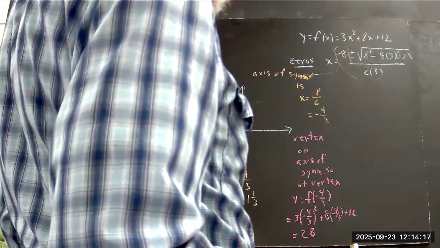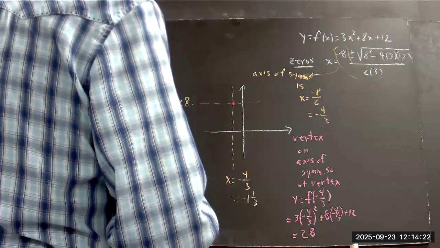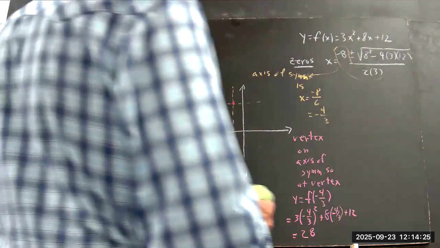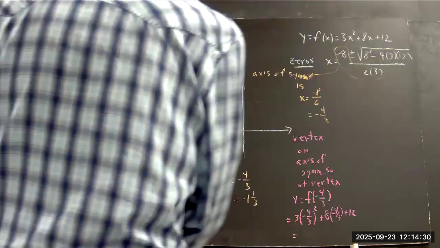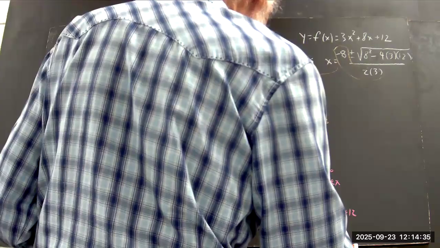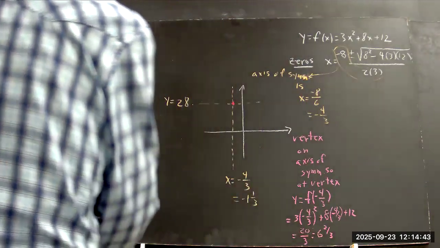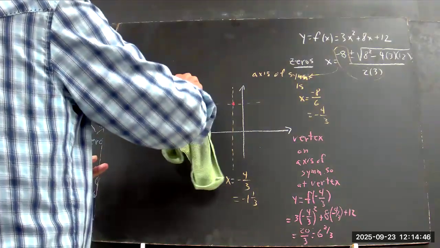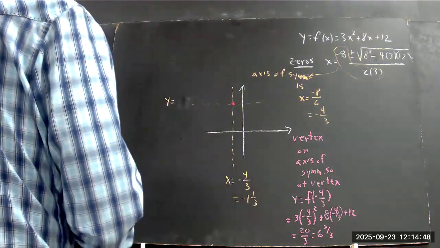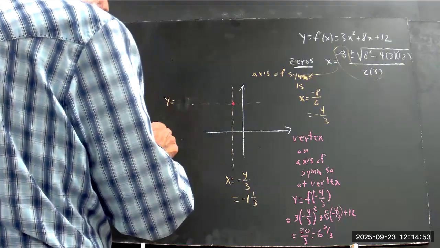So that makes that 20/3, and that works. I think my arithmetic is now correct. So that's no longer y equals 28. It's y equals 6 2/3.